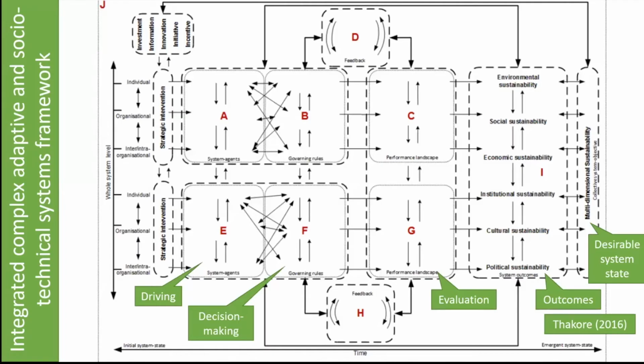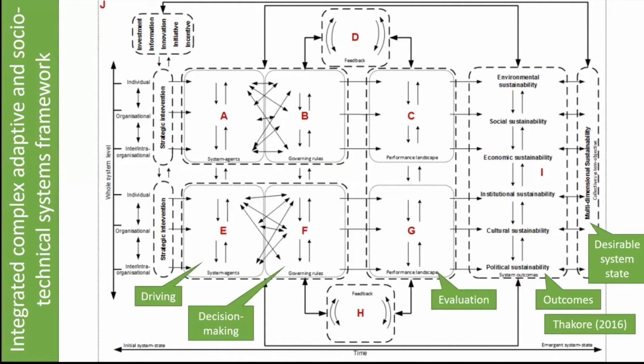Now, this framework has multi-level properties, which I already showed, and you can see here I have individual, organizational, and inter- or intra-organizational levels, three levels, and therefore a multi-level perspective.